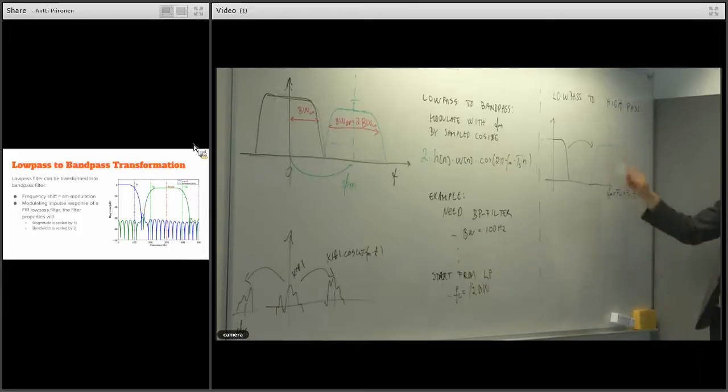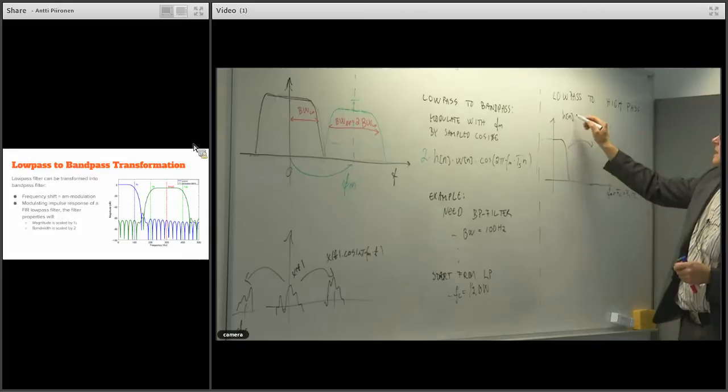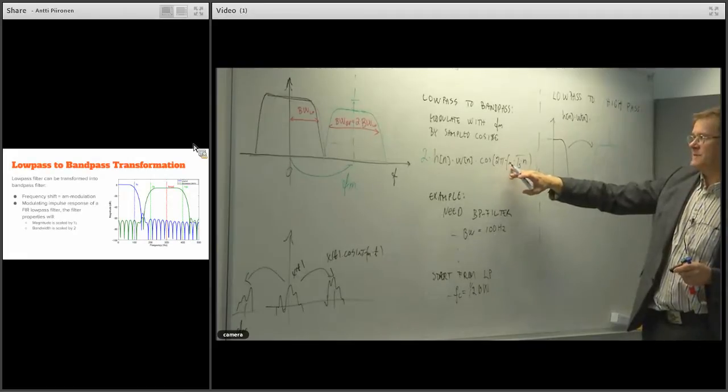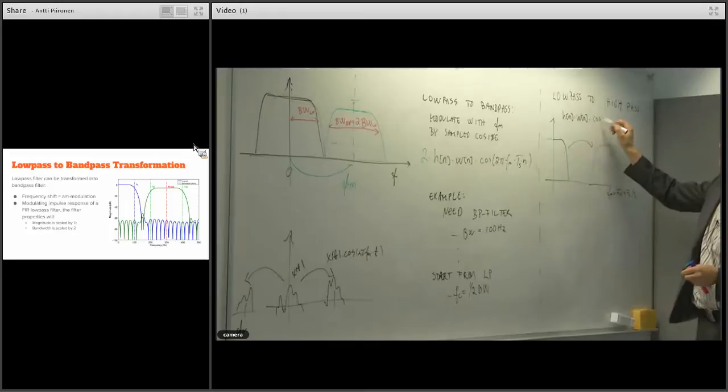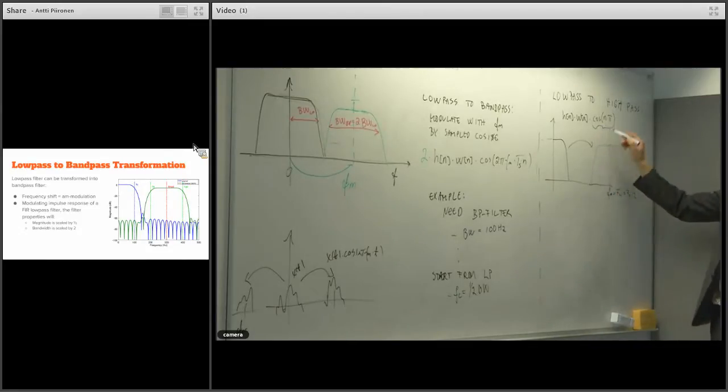So now we have a high-pass filter with h of n times the window times cosine 2 pi fs over 2 divided by fs, 2 pi cosine n times pi. This here is actually a plus-minus 1 thingy.